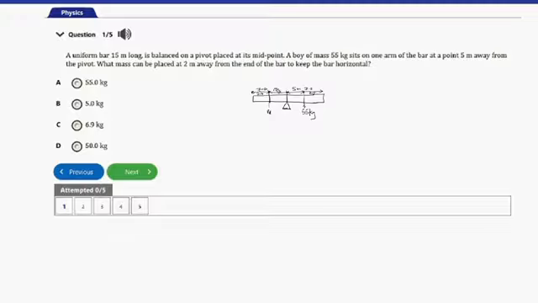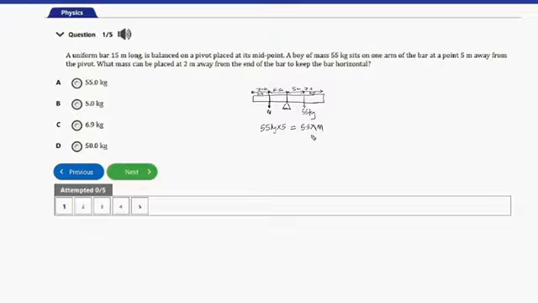So if this is 2 meters, it means that we'll still have 5.5 meters here to complete the 7.5 meters. So the mass will be placed here. Let's say the mass is M. With this diagram, we already know that the mass 55 kg is 5 meters away from the midpoint, whereas the mass M is 5.5 meters away from the midpoint.